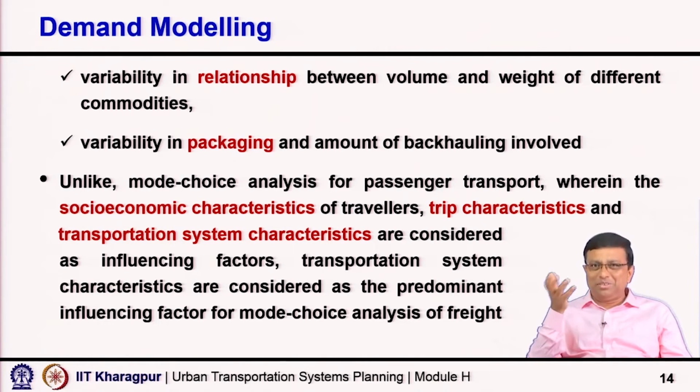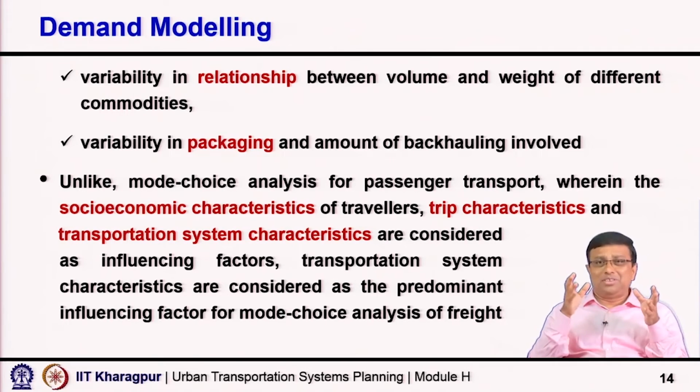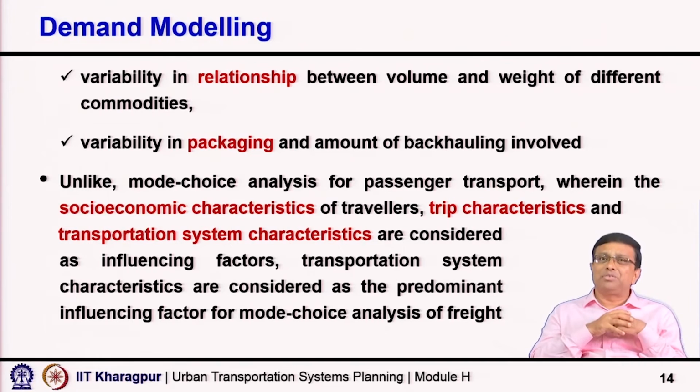I am sending by truck, or I am sending using certain special kind of vehicle, or I need some refrigeration or temperature control facility within the vehicle, so that my injections or medicines and vaccines remain effective and usable.